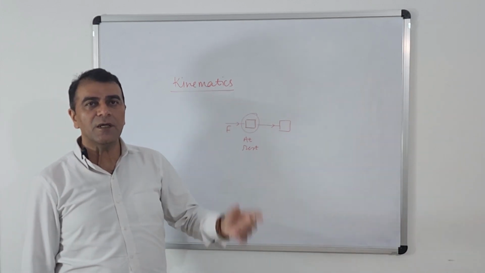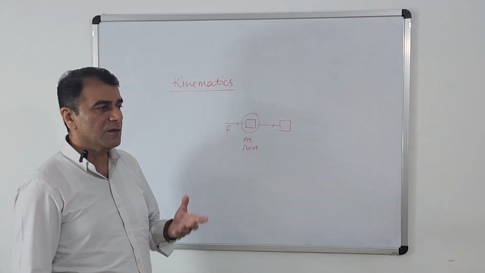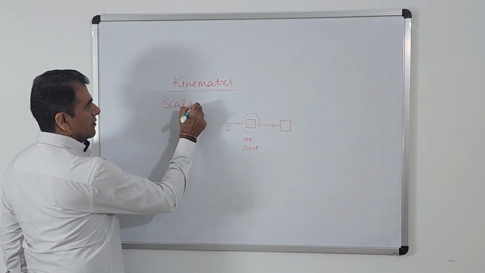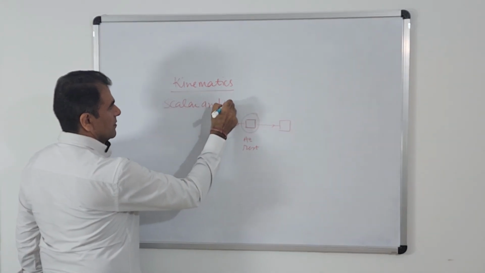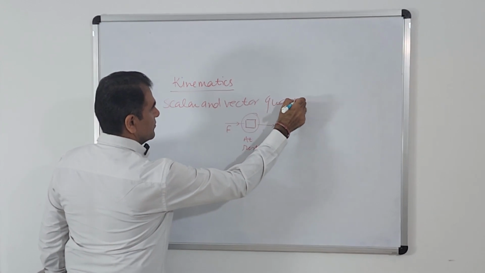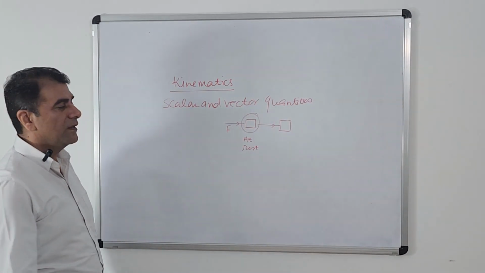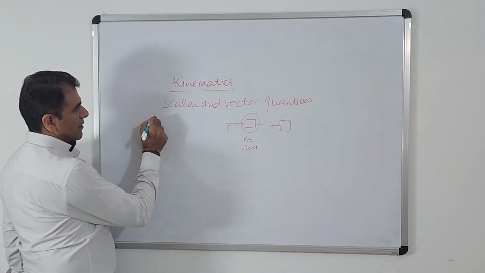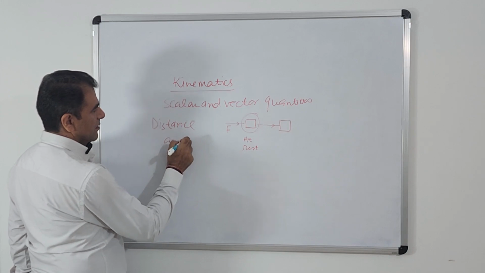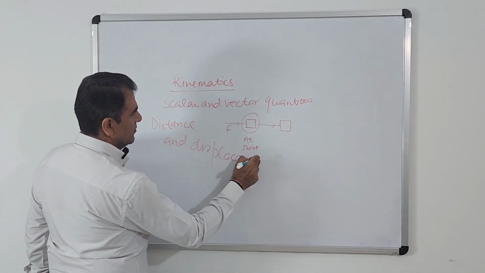Okay, so in kinematics we have different topics, but the first topic is scalar and vector quantities. Next is distance and displacement.